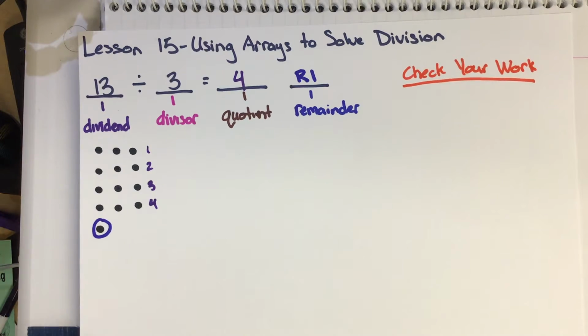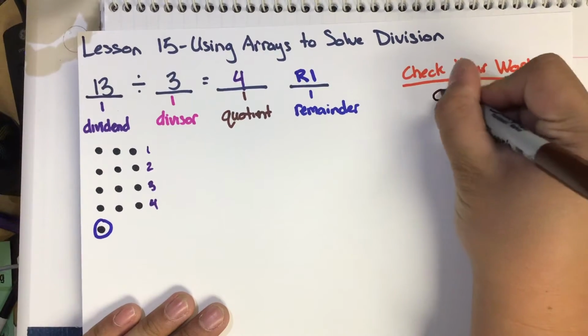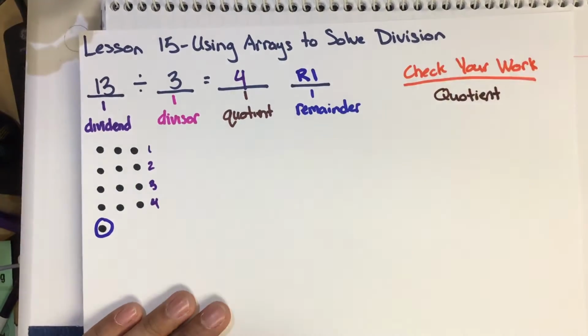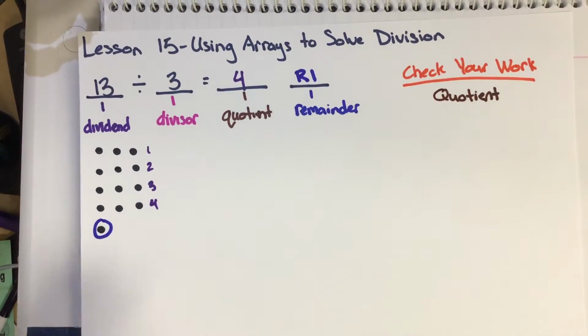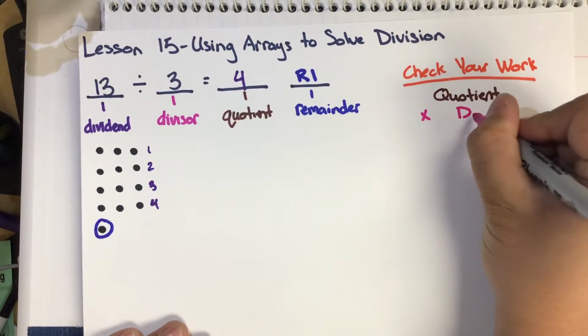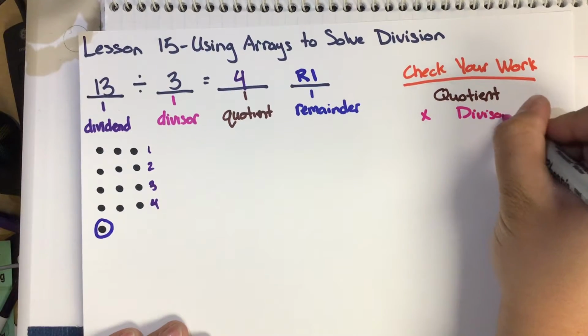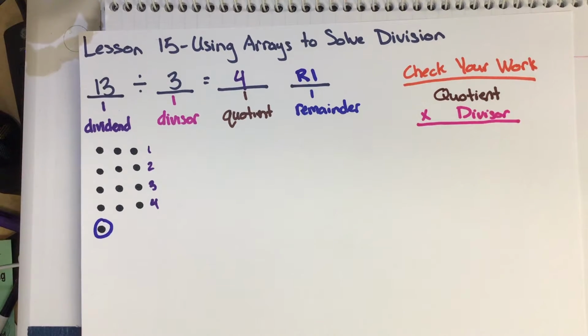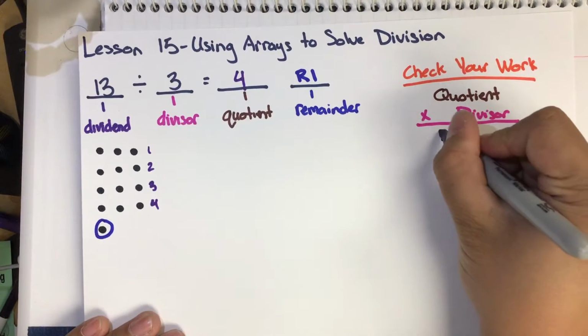So we're first going to take our quotient, and we're going to multiply it times our divisor. And then we're going to get a mystery product here based on multiplying them together. So I'm just going to write down product.